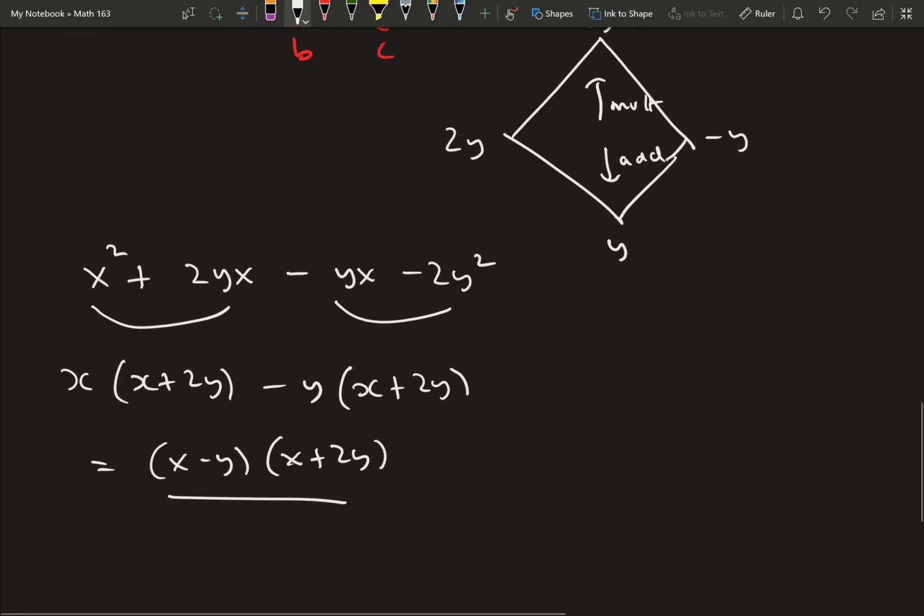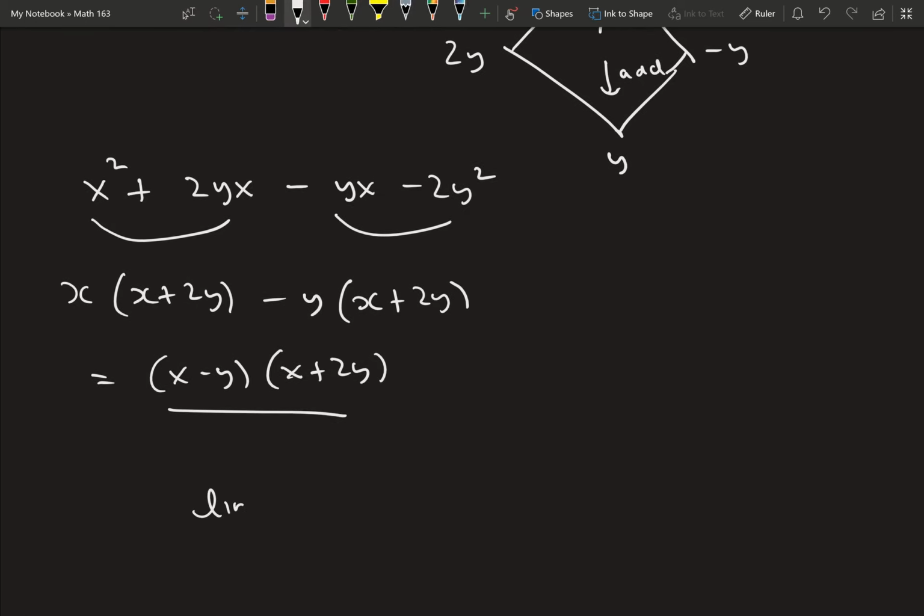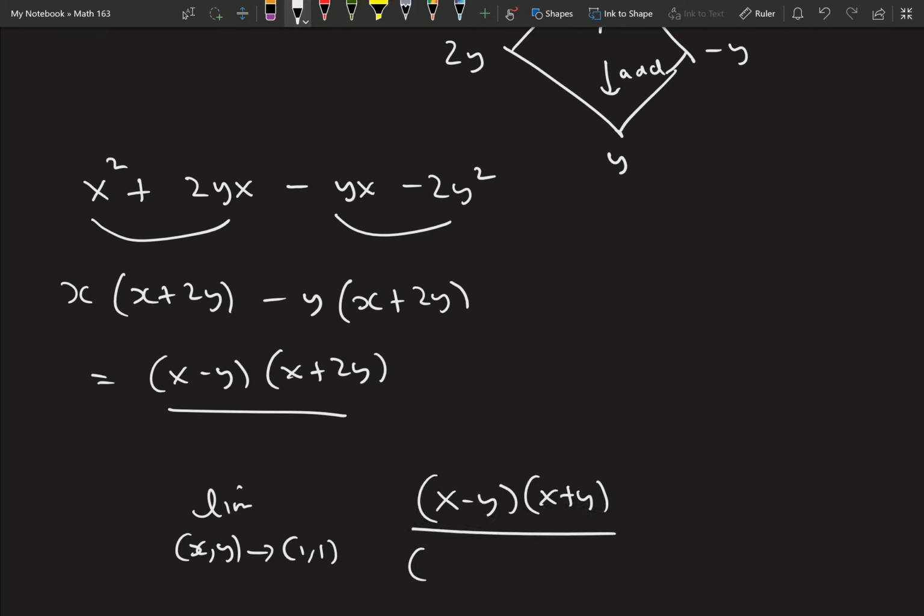Okay, so what we have then overall is the limit as xy goes to the point 1, 1 of x squared minus y squared, which became x minus y, x plus y, and the denominator became x minus y times x plus 2y.